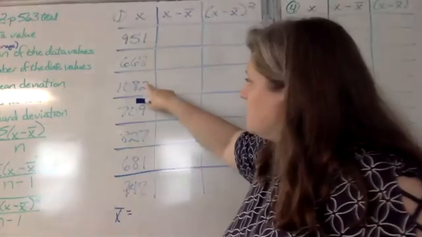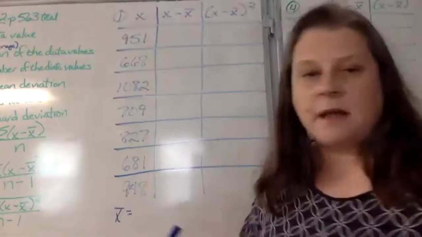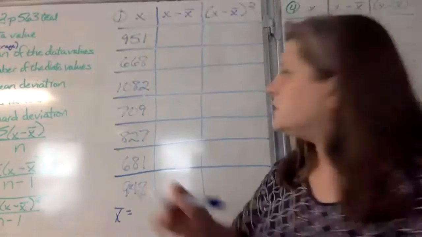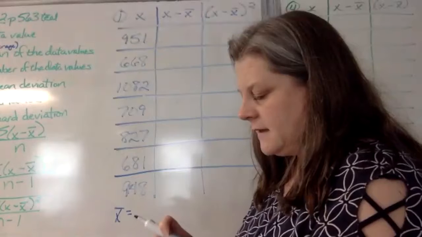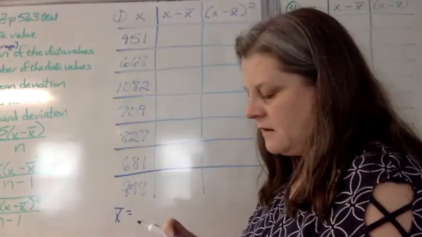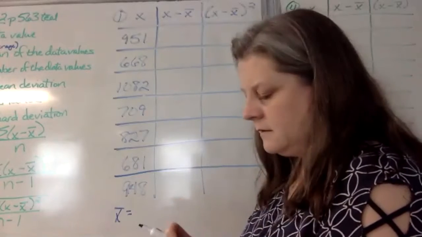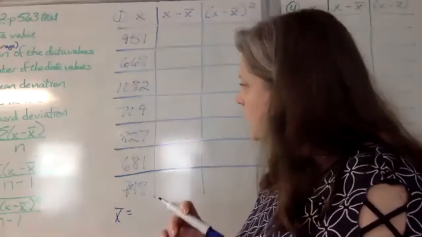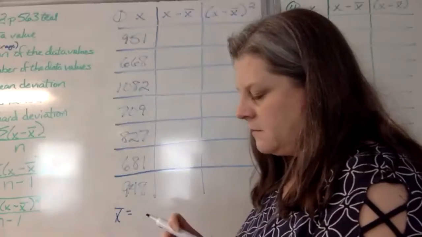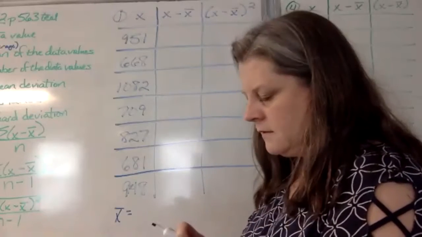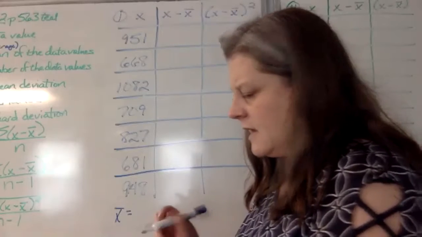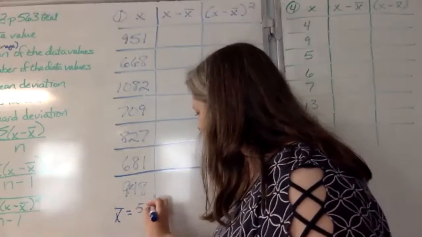We already said there's 1, 2, 3, 4, 5, 6, 7 numbers. So we're adding those numbers together. 951 plus 8. And you get a sum.